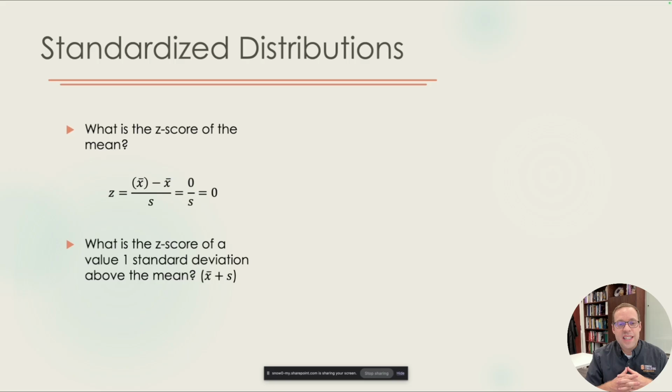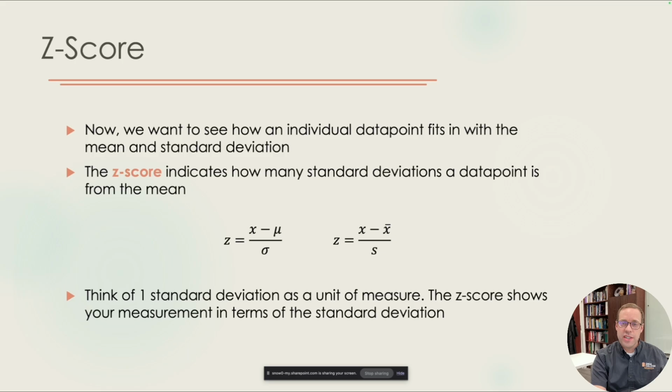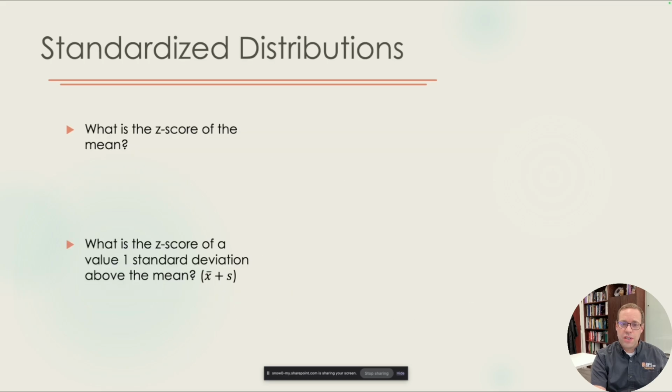Next question, what's the z-score of a value 1 standard deviation above the mean? Again, go back to this equation, see if you can figure that out, knowing that x is going to equal the mean x bar plus s. Okay, here's that calculation then.